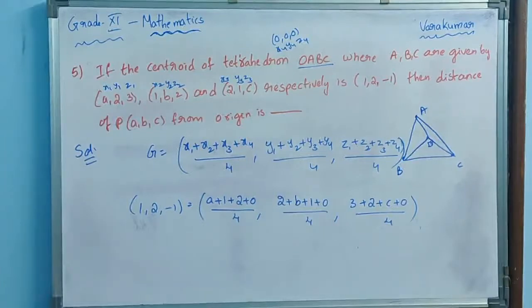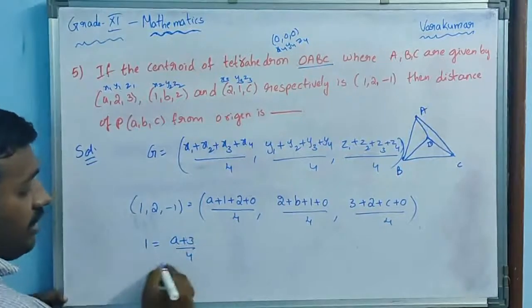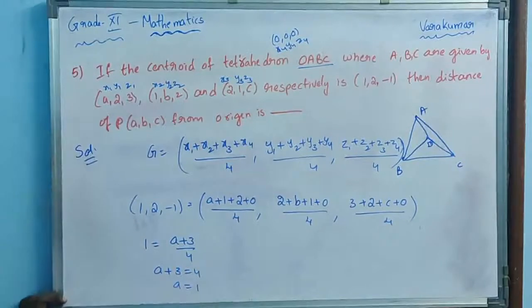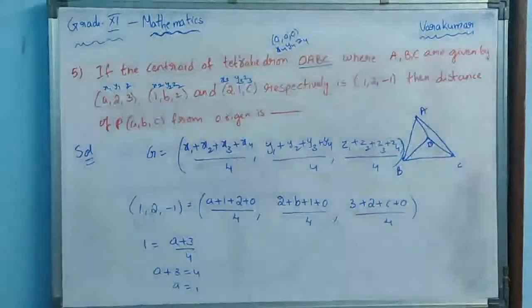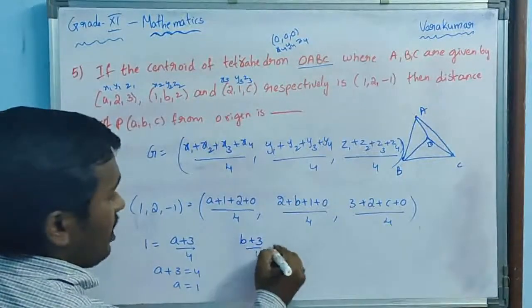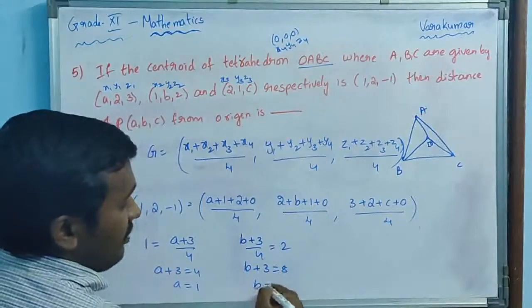Now if you take this concept, you have to compare the respective terms. When you compare, 1 = (a + 3)/4, then a + 3 = 4, so a = 1. Similarly, (b + 3)/4 = 2, then b + 3 = 8 and b = 5.